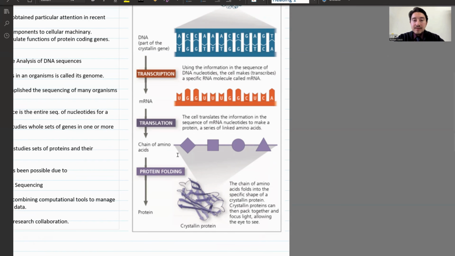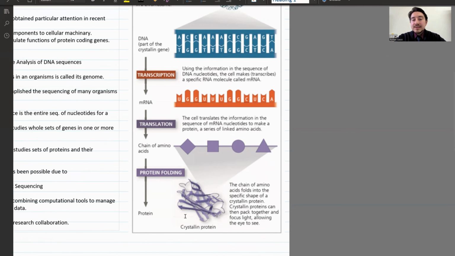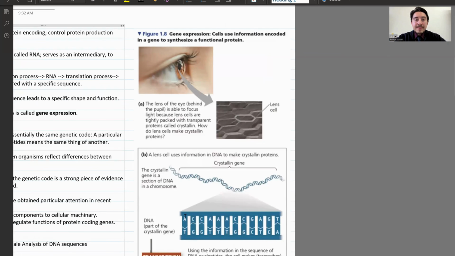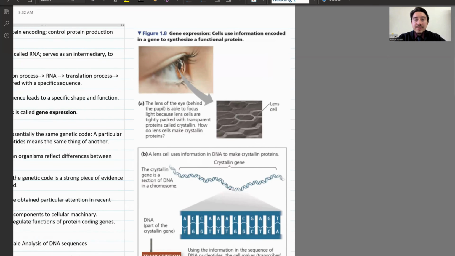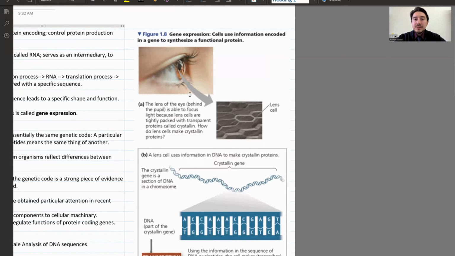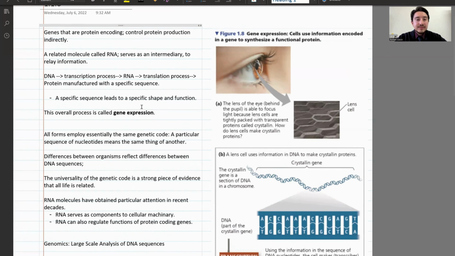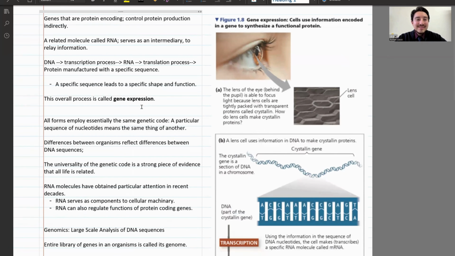And ultimately, you have this sequence of amino acids to produce a protein that creates its overall structure, ultimately to produce its function. In this case, the book gives an example of crystalline, right? Crystalline is a transparent protein that is used inside the formation of the lens, okay? Which is, of course, fundamental for our eyeball. Okay.